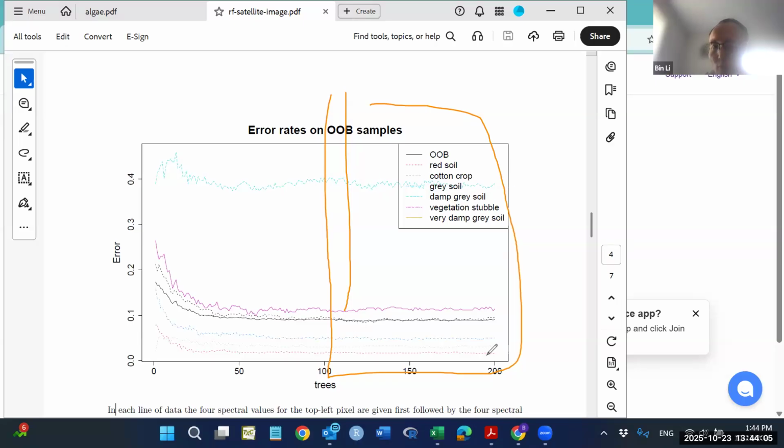But if we have fewer than 100 trees, you can see some fluctuations for some of the categories. So in this case, probably 100 trees is good enough.